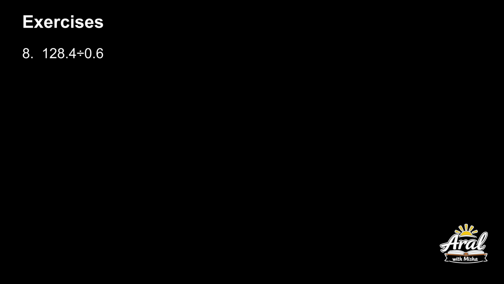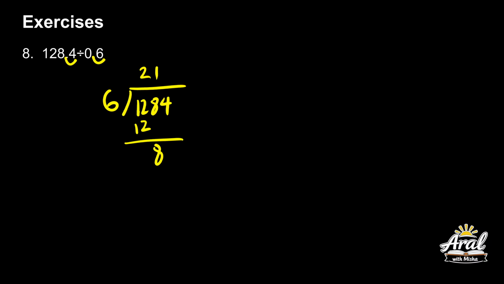Next, 12.84 divided by 0.6. First is you get the divisor. You make it a whole number. So, move 1. Nag-move ka ng 1 place. So, dito sa dividend, mag-move ka rin ng 1 place. So, ang labas dyan, 128.4 divided by 6. Okay, 12. 8, 1, 6, 2, 4.